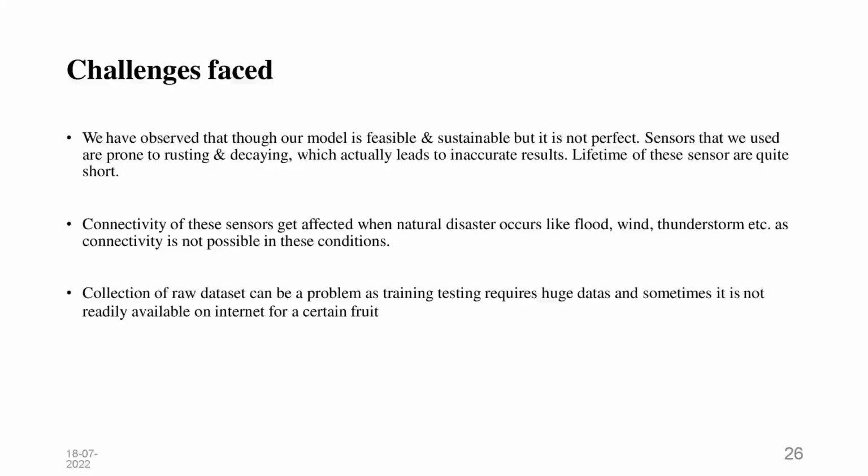Second one is connectivity of these sensors gets affected when natural disasters like flood, wind, etc. occur. So it is not feasible for all the conditions. Third one is collection of raw data set that can be a problem as training and testing require huge data and sometimes it is not readily available on the internet for certain fruit.